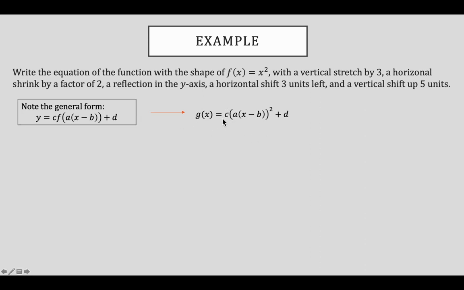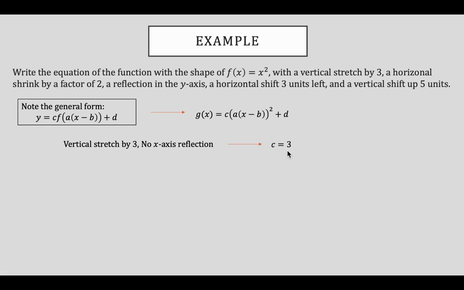Again, c is vertical scalings and reflections in the x-axis. Do I have any vertical scalings? Well, we have a vertical stretch by a factor of 3. Do I have an x-axis reflection? No. Vertical stretch by a factor of 3, no x-axis reflection. Well, that means our c constant is going to be 3.